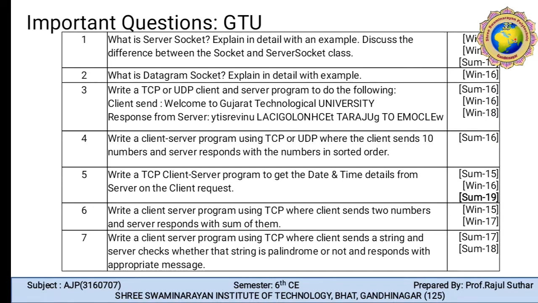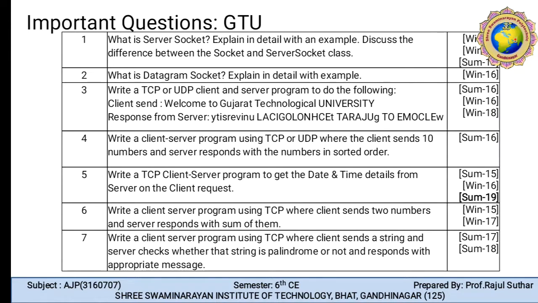Write the TCP and UDP client and server program to do the following: client sends welcome to the GTU, and the server responds with one message. This type of communication you can also create by using TCP or UDP client server programs. Next, write a client server program using TCP or UDP where the client sends 10 numbers and the server responds with the numbers in sorted order.